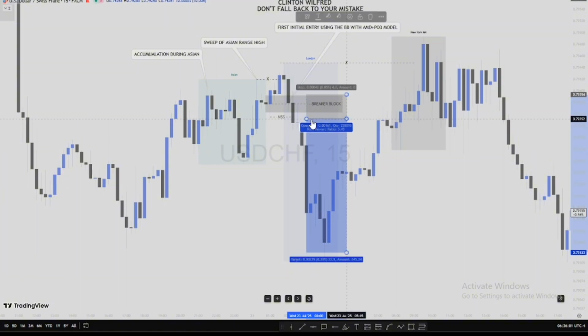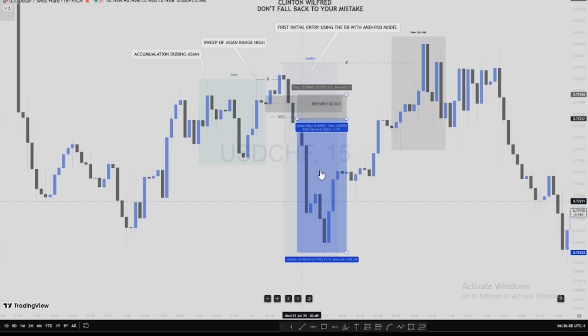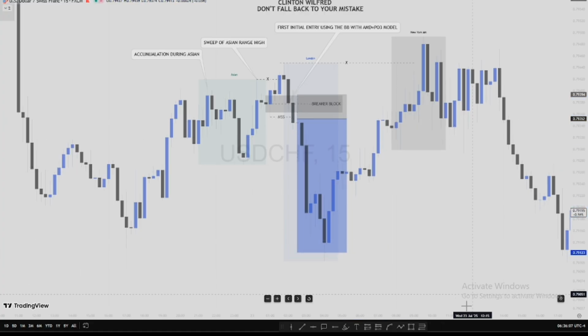You can actually target the minus 2.5 standard deviation as your target.